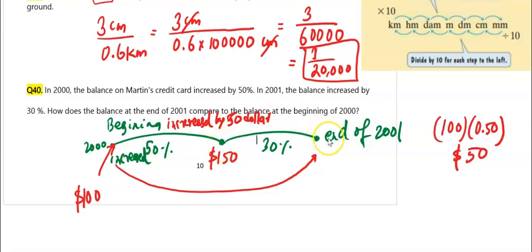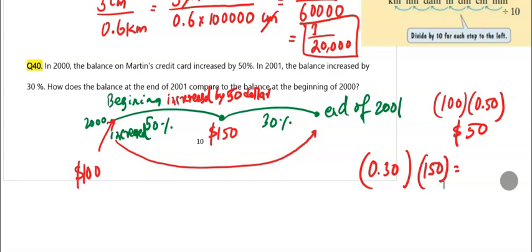Now from the beginning to the end of 2001, how much does it increase again? It increased by 30% of $150, which is $45.